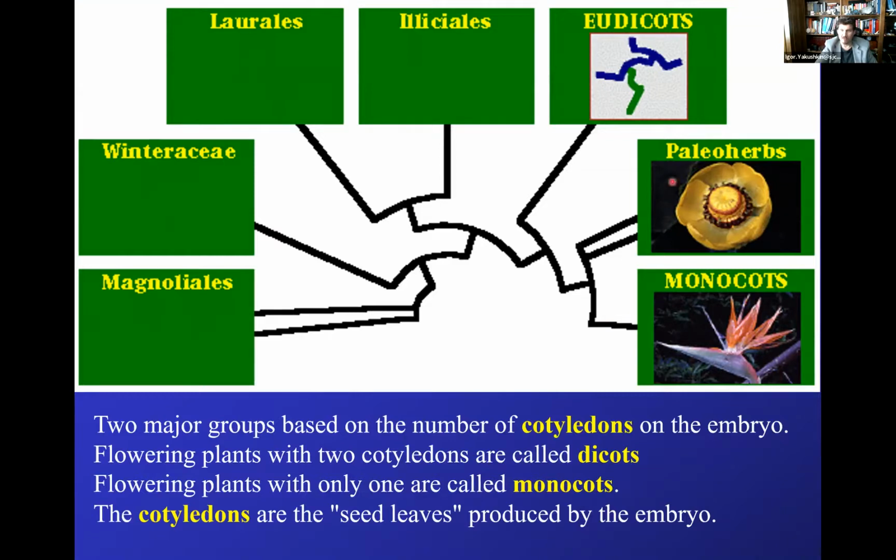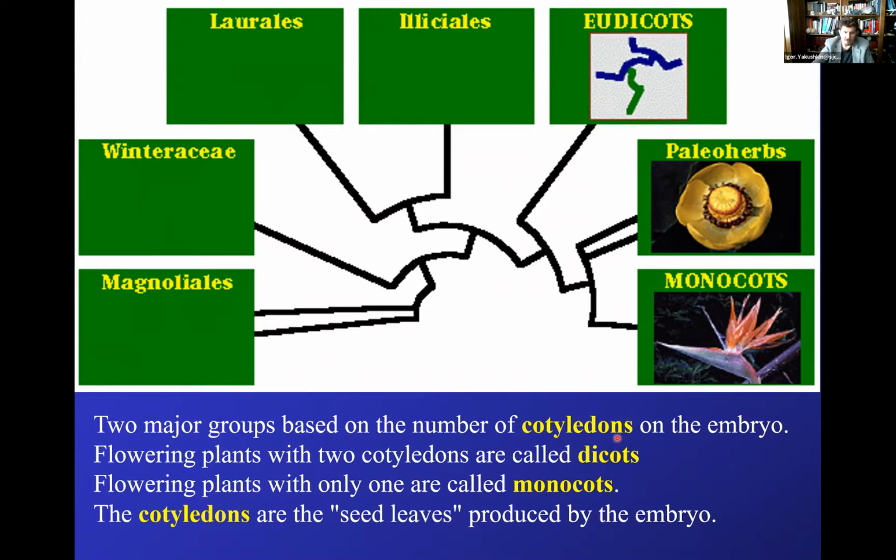So again, we talk about the monocots and the dicots, and this is basically the angiosperms. We can see monocots and dicots. So major groups are based on the number of cotyledons on the embryo, and essentially they are embryonic leaves. One embryonic leaf, it's a monocot. 2, that would be a dicot.